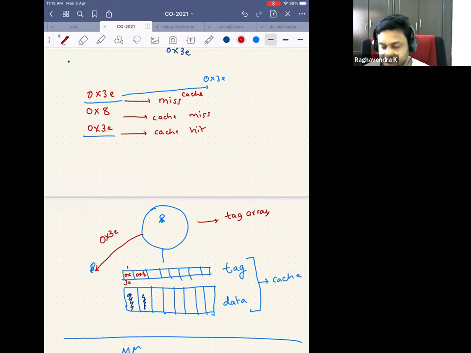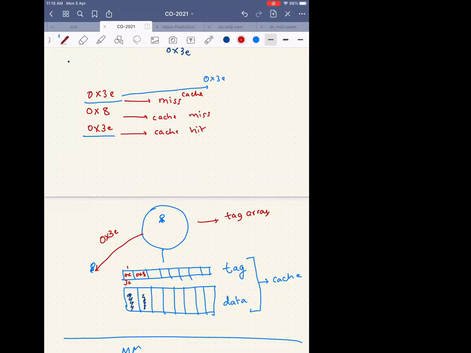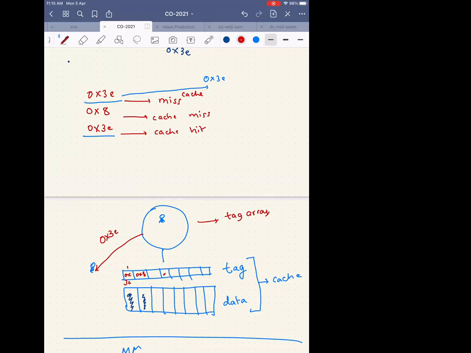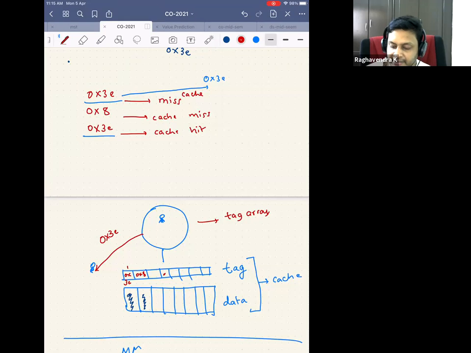Sir, is it possible that 2 locations in the tag are 0x3, or do we take care of that while inserting? Yeah, so why would you go to the main memory? There is no need for you to go to the main memory at all. When can 2 addresses be there? When you have brought 0x3 again. But why would you go to the main memory to bring it again? Because you have already hit in the cache.